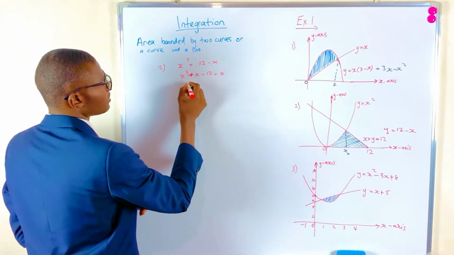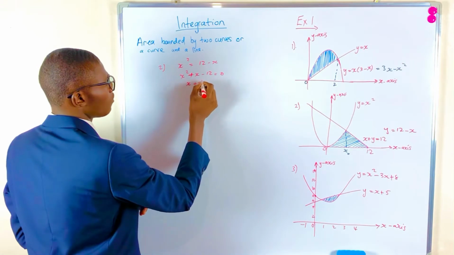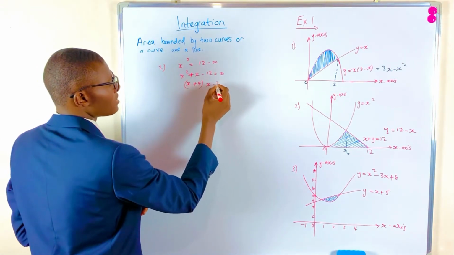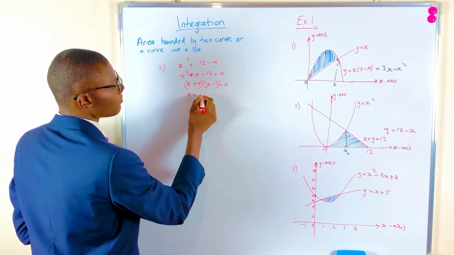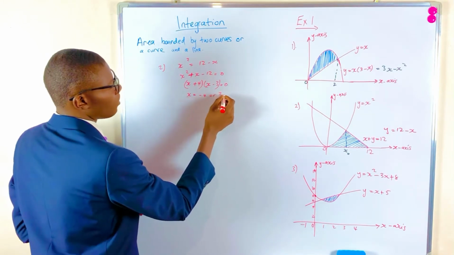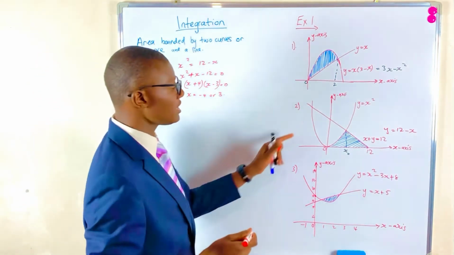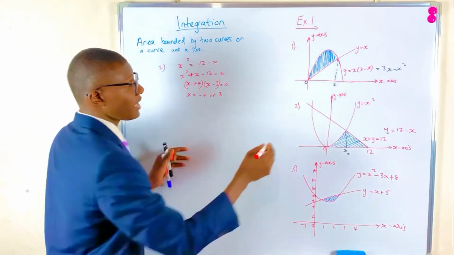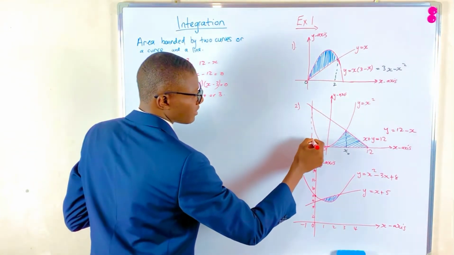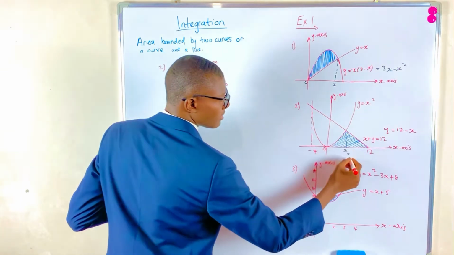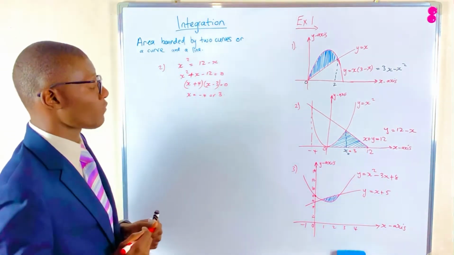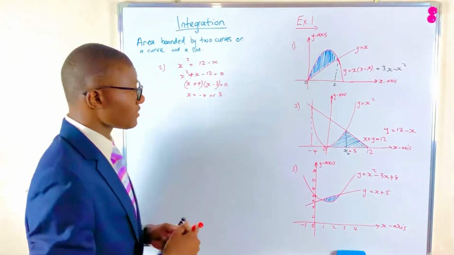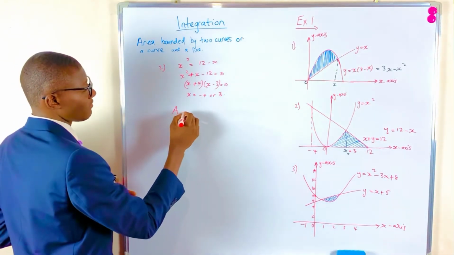Then we've got x plus 4, x minus 3 being equal to 0, such that x is equal to minus 4 or 3. So these are the 2 points of intersection. This being x is equal to minus 4, and then this x naught is equal to 3.